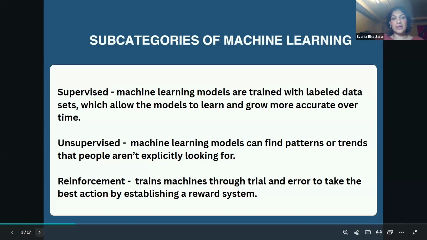I'm tying that example to here because a huge question when it comes to reinforcement machine learning is a matter of ethical guidelines. Whenever people are training their models, they want to make sure that whatever the best action they're getting their models to take is ethical. So that's a little bit about reinforcement.